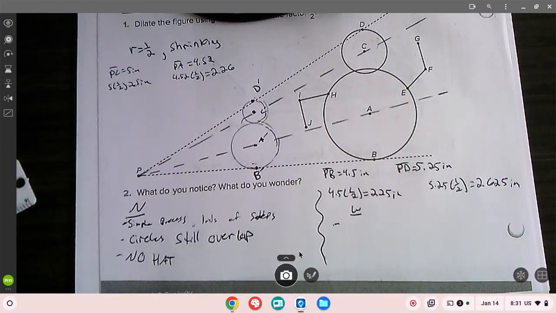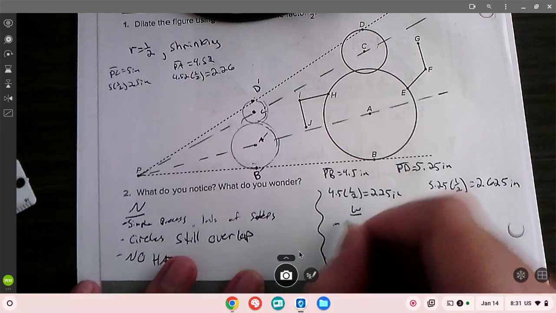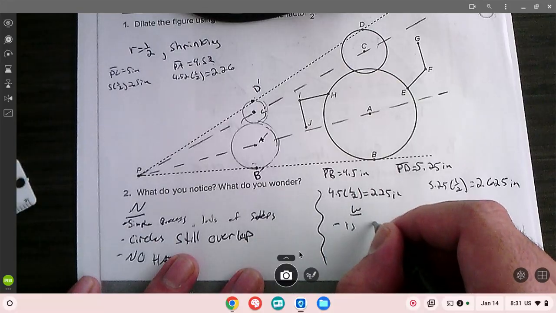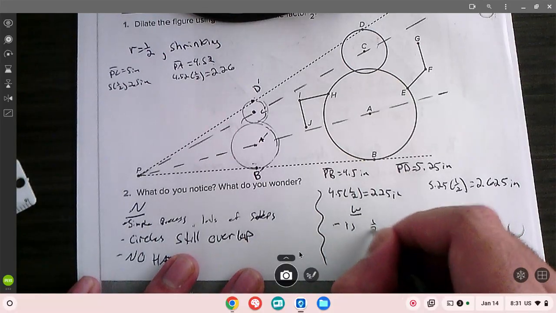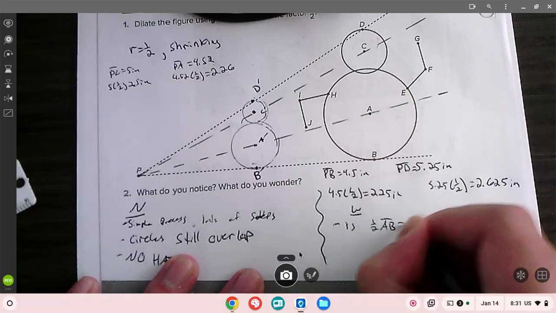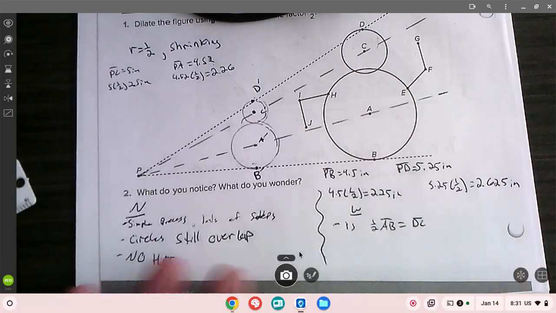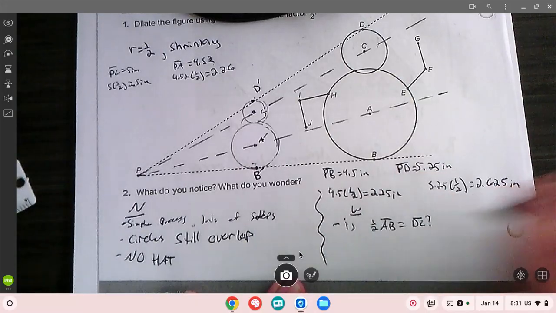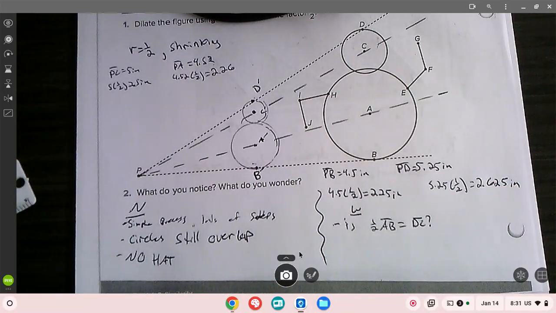Like if these two are one half of these two, so if D was like this, I wonder if D to C is one half of A to B. Is one half of AB equal to DC? Is that what you're saying? Yeah, or if that applies to all scale factors, whatever the scale factor is, if you can find that out. Okay, we would have to probably measure, but I don't think the scale factor would be able to help us. But that is a good wonder to have.